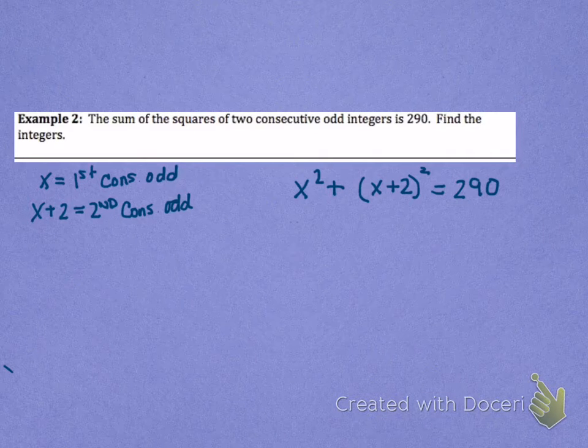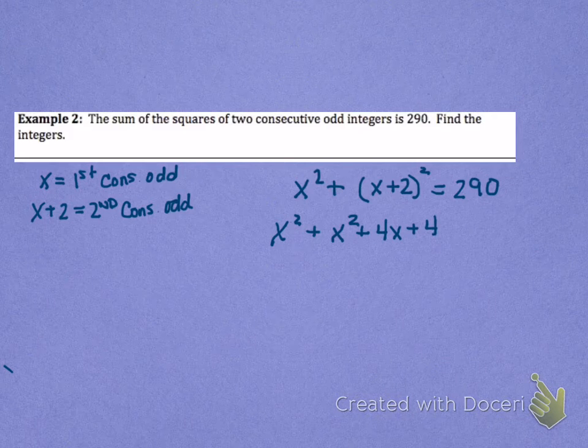Now I want to start to solve, so I've got to square my binomial. So I have x squared plus, and then x plus 2 squared is a perfect square trinomial, so I get x squared plus 4x plus 4.